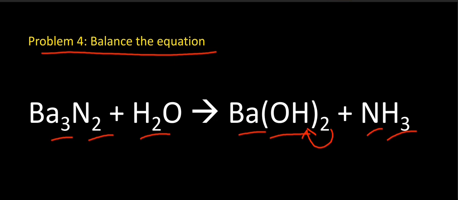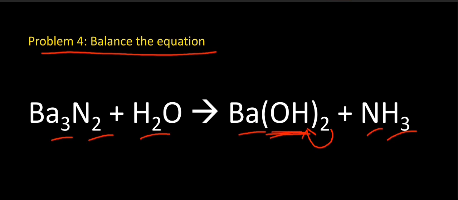Why? We make a summation of 3 plus 2, 3 and 2. This is for the hydroxide. Here is a 2 after hydroxide, that means multiplying 2 with each of the atoms inside.